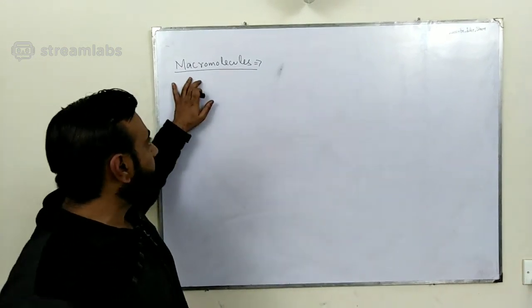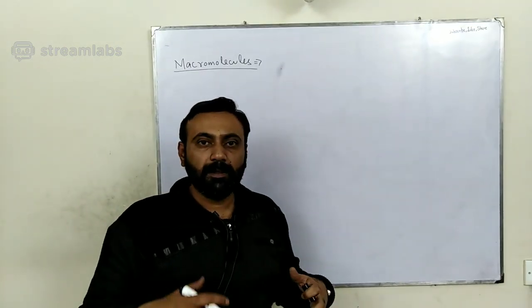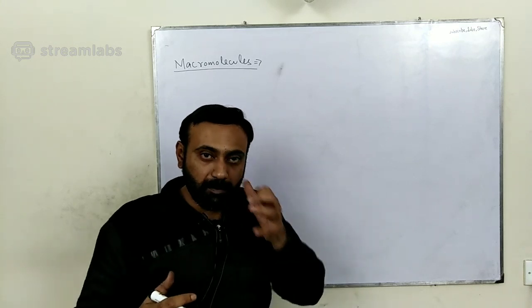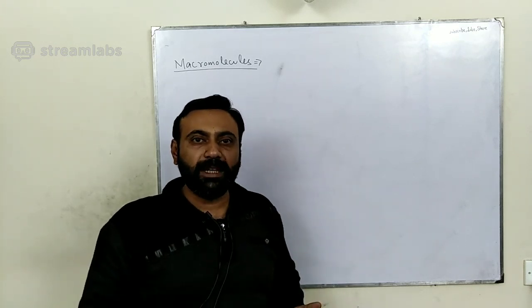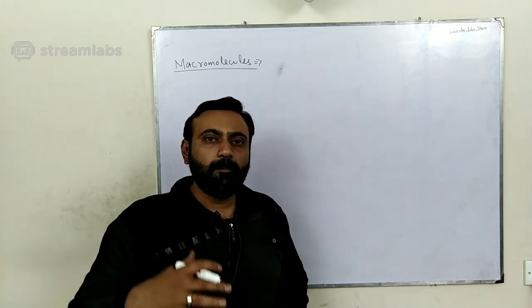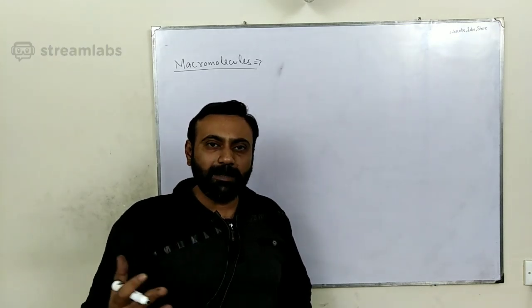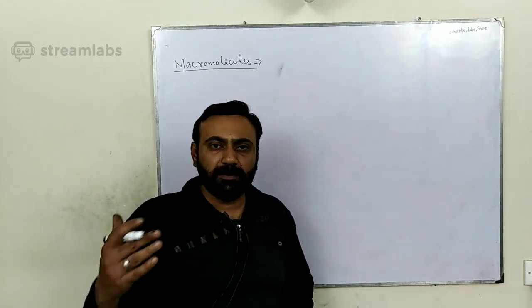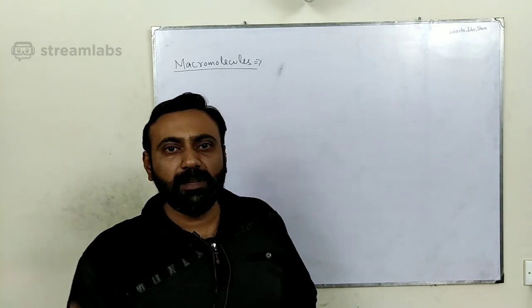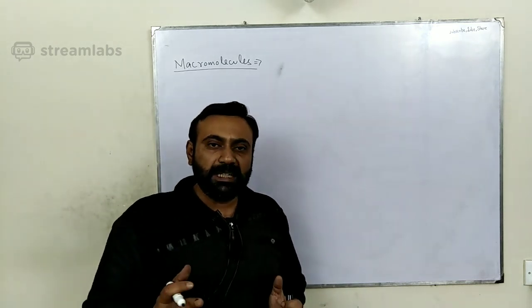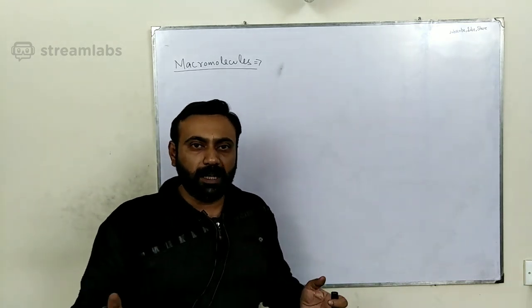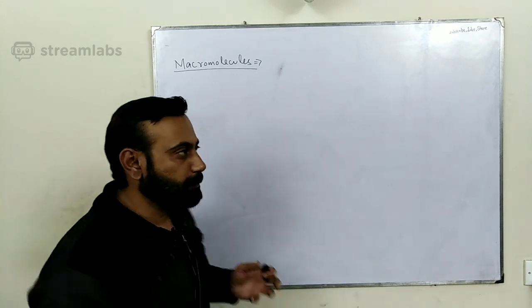This term macro means huge. So macromolecules are huge molecules. They are made up of many atoms. How many atoms? They may be made up of hundreds of atoms or thousands of atoms or even maybe millions of atoms. So these huge molecules are called macromolecules.